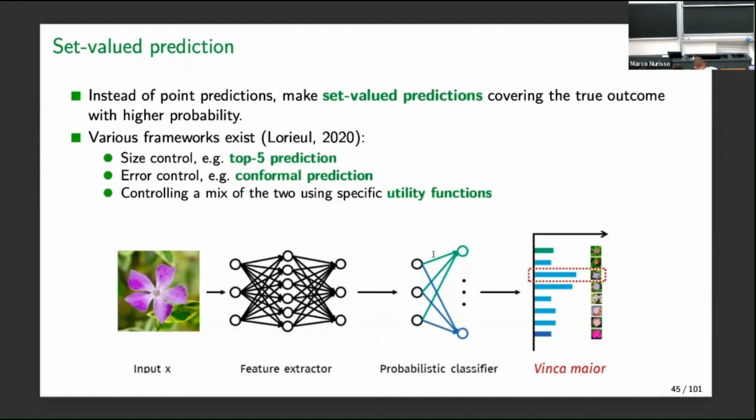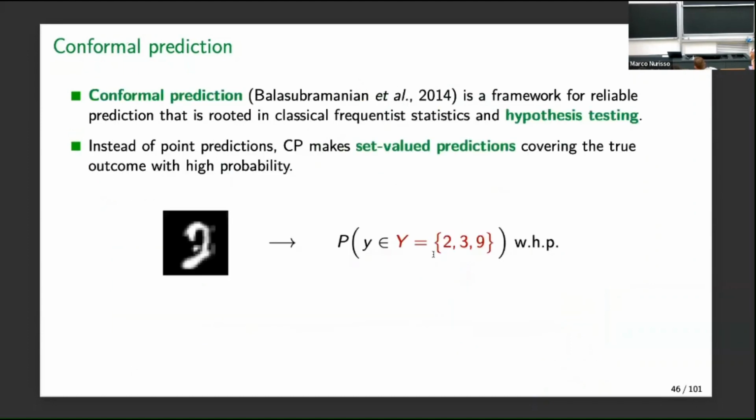Then you have frameworks based on error control, where we want to have some guarantees on the error that we make. Conformal prediction is nowadays a very famous example of that, and I will discuss that a bit more in detail. And then you have frameworks that compromise between the first two, with specific utility functions that have a trade-off between correctness on the one hand and the size of your set on the other hand. I will also talk a little bit about that.